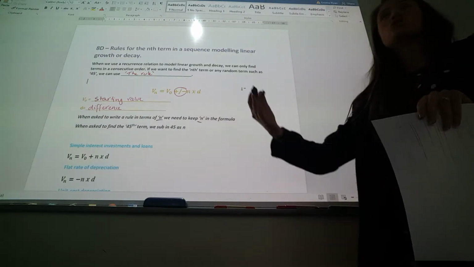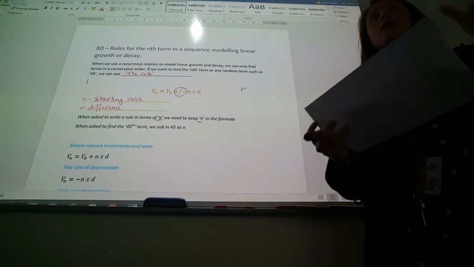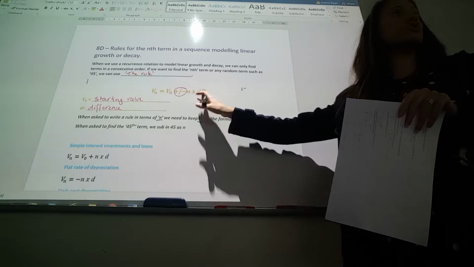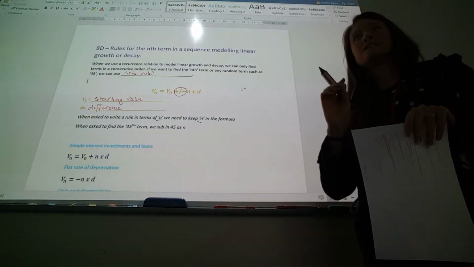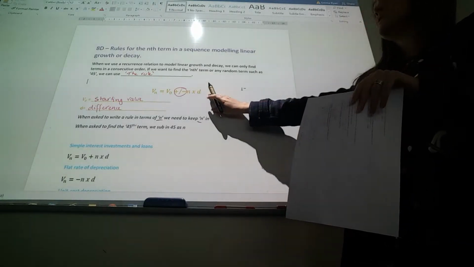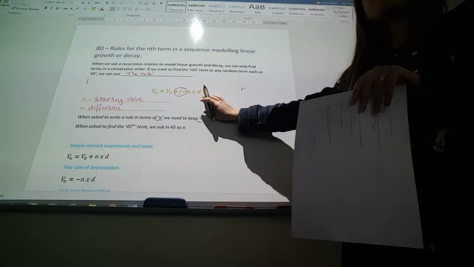If it was a question on recursion and they were asked to find the 5th term, a lot of people just used this rule. Because the question was asking about recursion, you had to use recursion to get to the 5th term. So if you didn't use recursion and you used this and still got the right answer, you didn't get the marks.